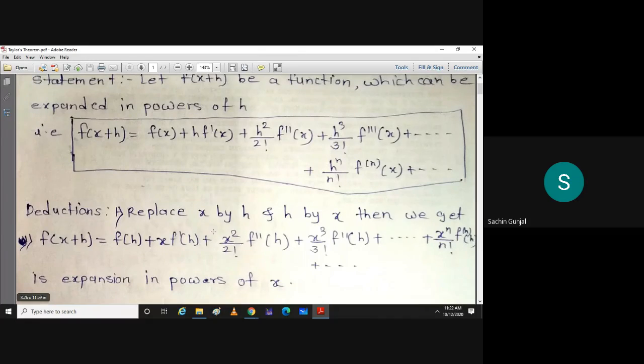Write down this statement. Instead of writing the first, the second one is simpler, because it is the expansion of function f of x plus h in powers of x.